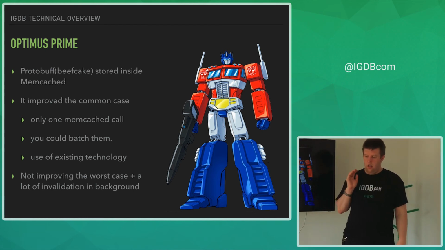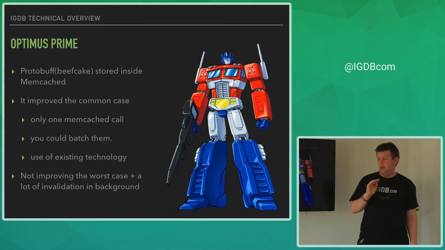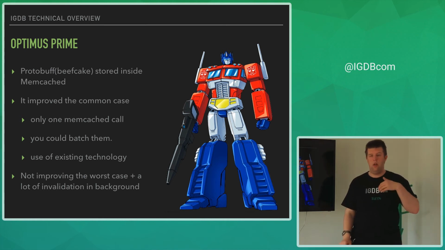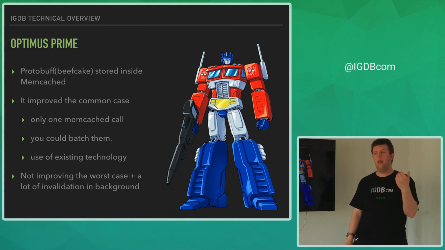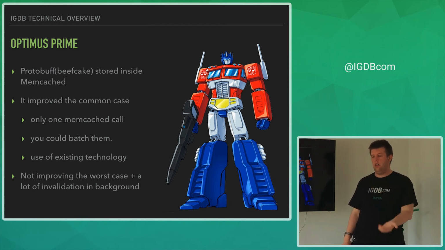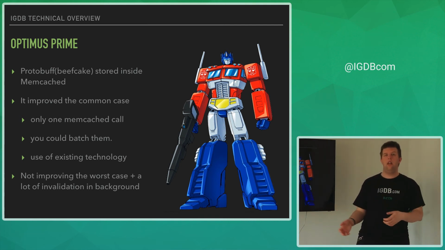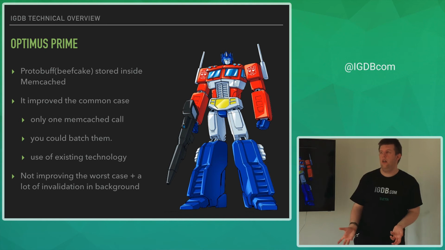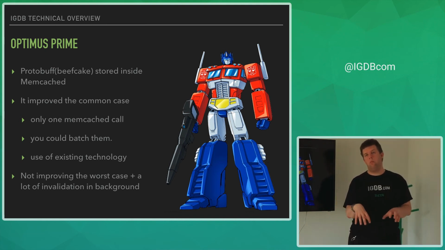But the problem was that it didn't improve the worst case. The worst case when all games were uncached. And also it created a lot of invalidation in the background. Like, for instance, if you change the name of a company, it invalidates all the games the company has made.